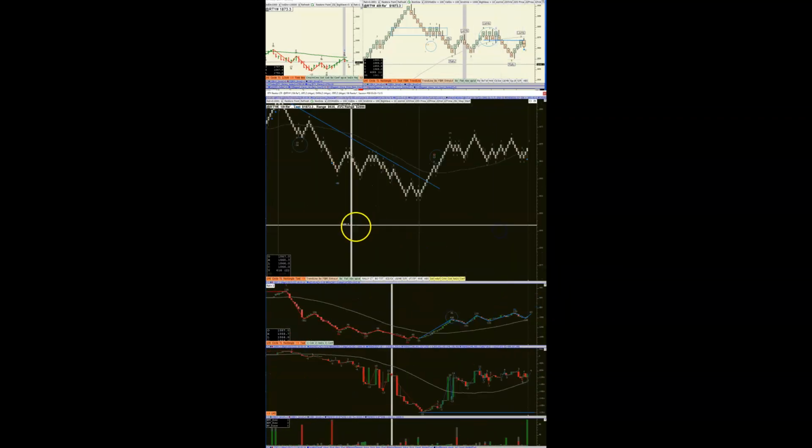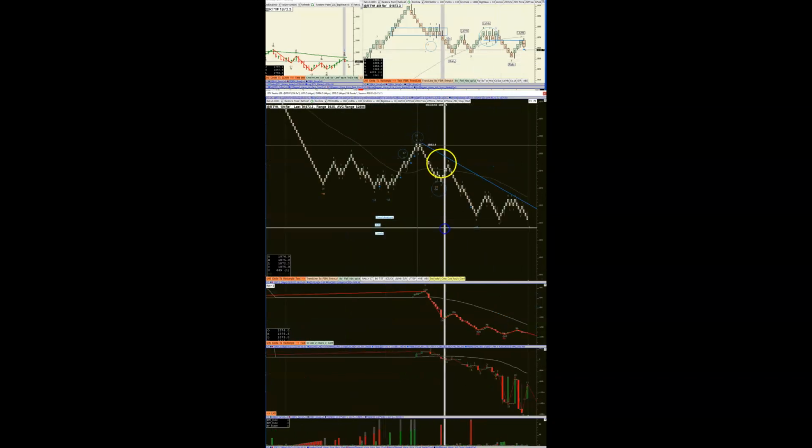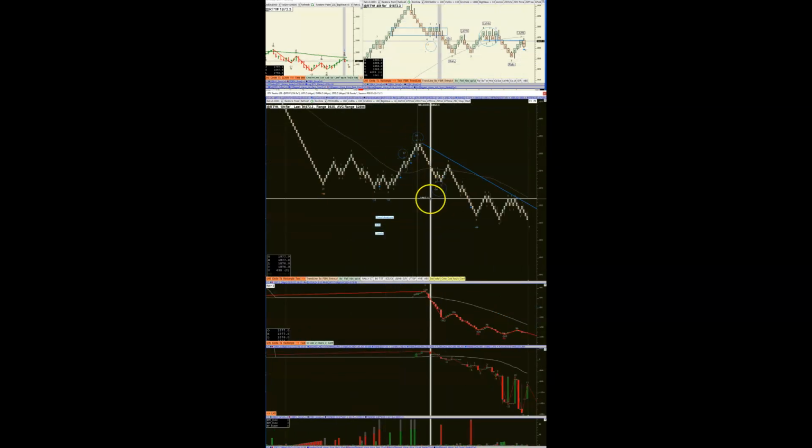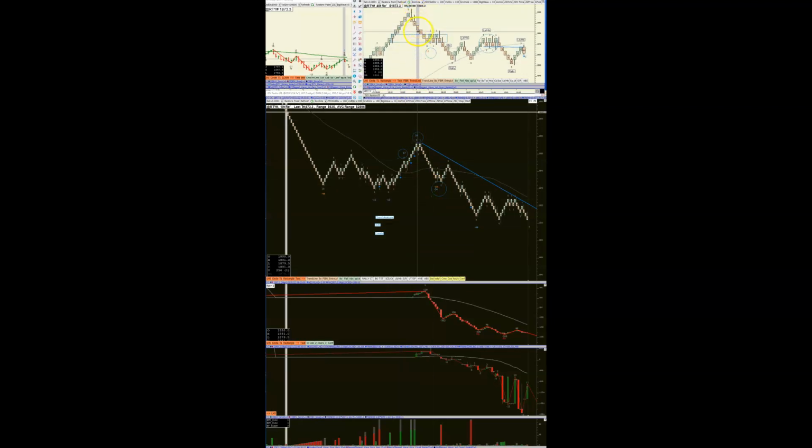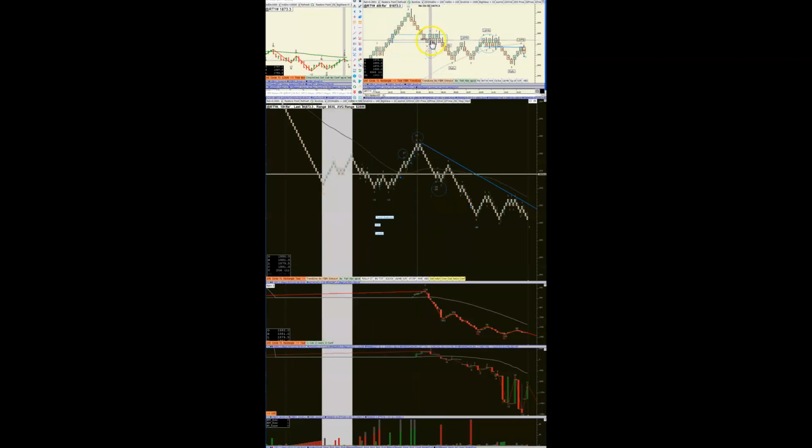All right. So long story short, we had the higher time frame pulling back into the high volume brick. That's the first level. And what happened? It failed.